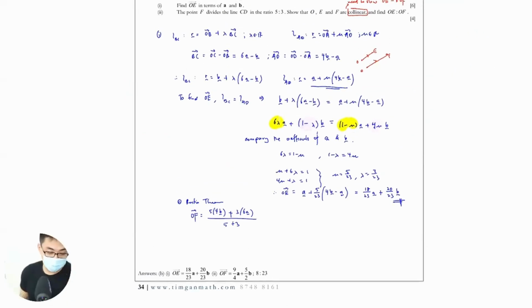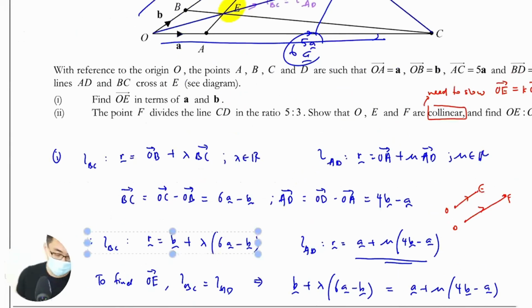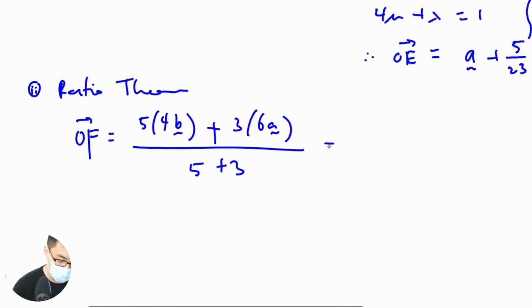Ratio theorem tells you that the middle one is always the subject, OF. So you take 6A, multiply with 3, 4B times 5, then 5 plus 3, which is the sum of the ratio. This will be 20B plus 18A over 8.